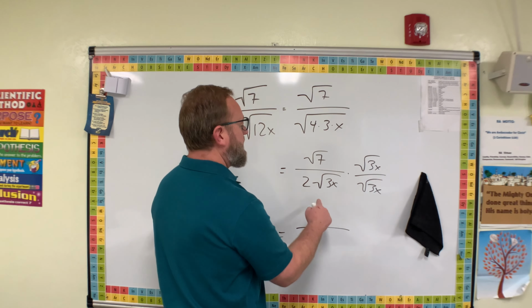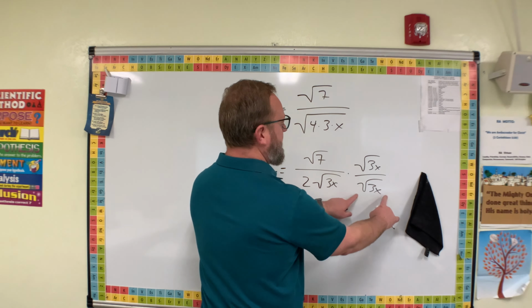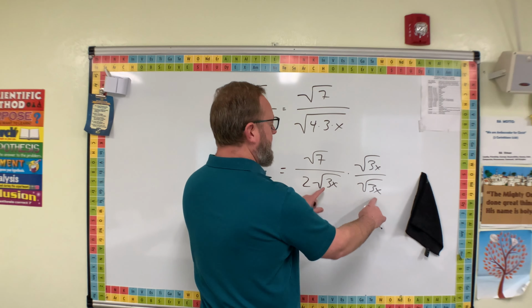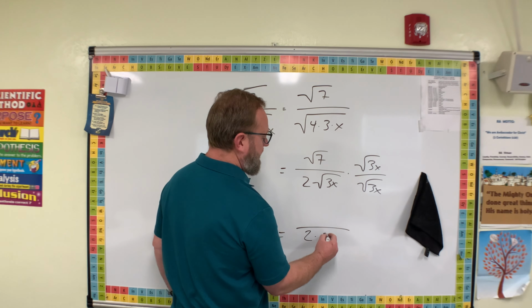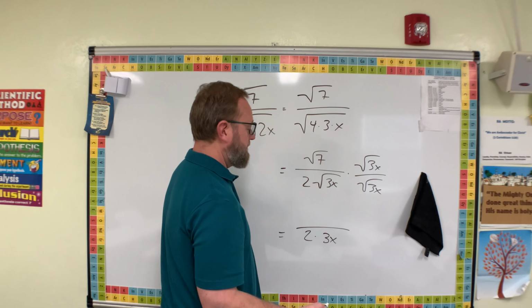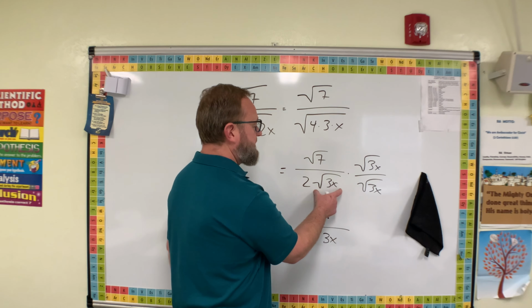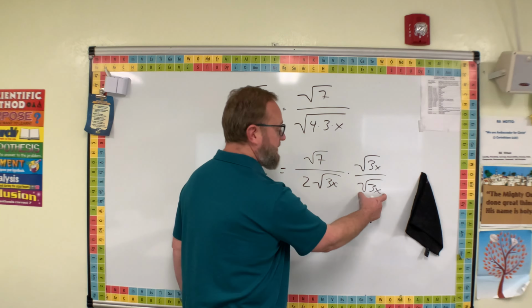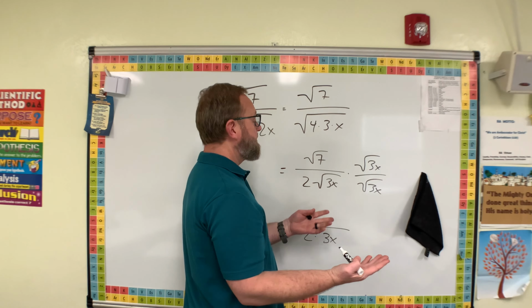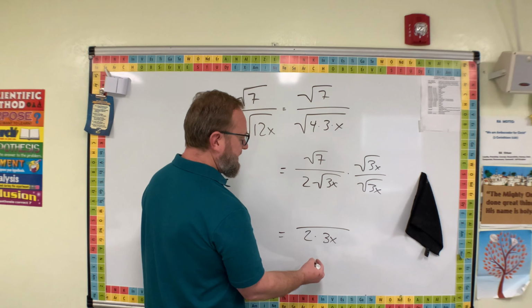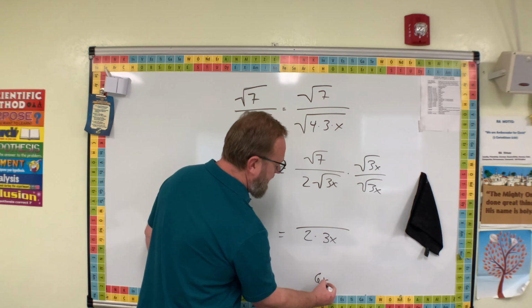So this times this is 2 times what? 3x. Because square root of 3x times the square root of 3x is just going to basically eliminate the square root part. So it's 6x. And that's going to end up being 6x on the bottom.